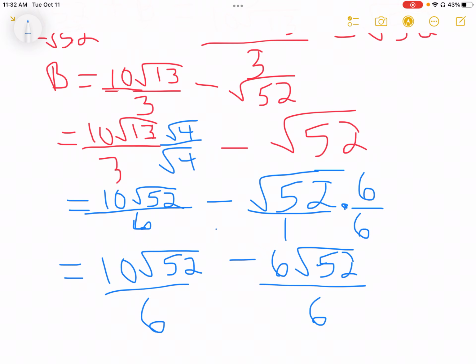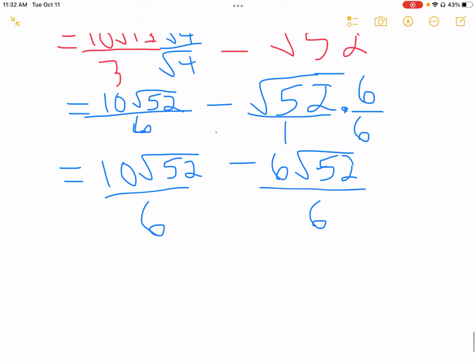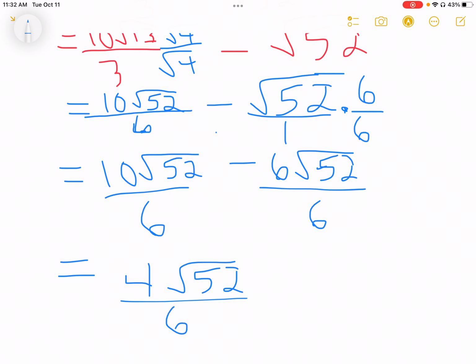Okay, and then I'll get 4 root 52 over 6. Okay, and actually I could simplify this even further if I wanted to, but I'm going to go ahead and leave it like that.